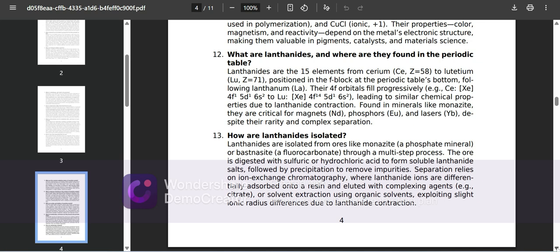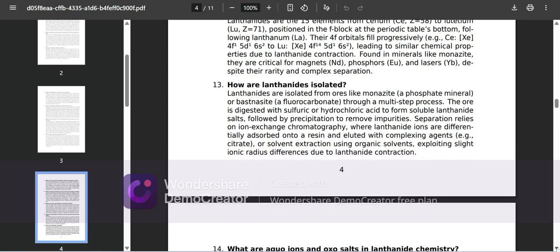Found in minerals like monazite, they are critical for magnets, phosphors and lasers despite their rarity and complex separation.